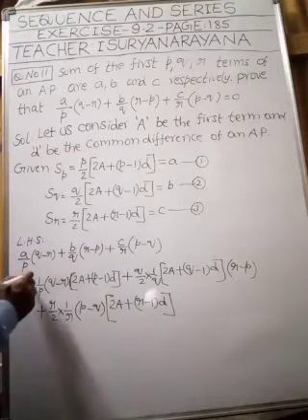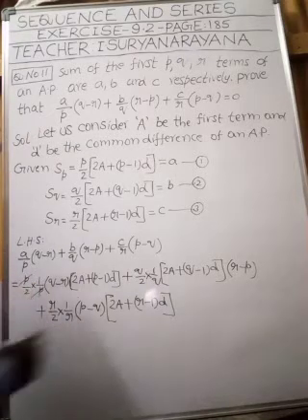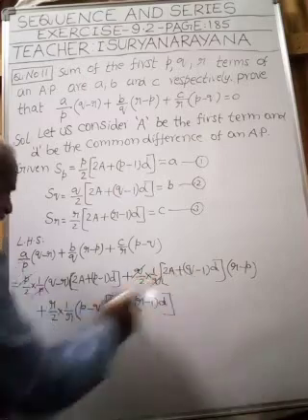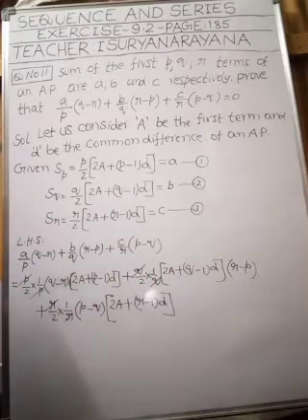Now let us simplify. P gets cancelled here, Q gets cancelled here, R gets cancelled.